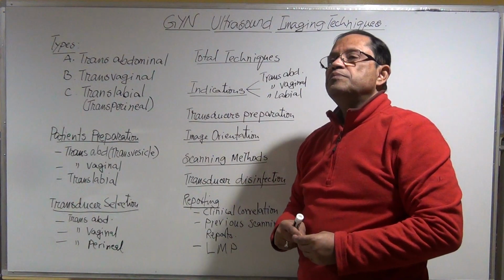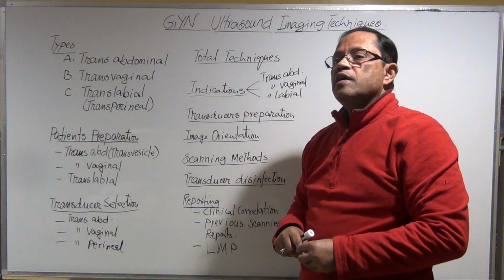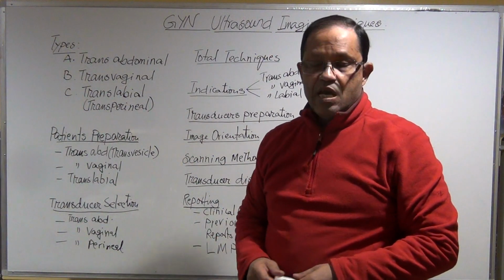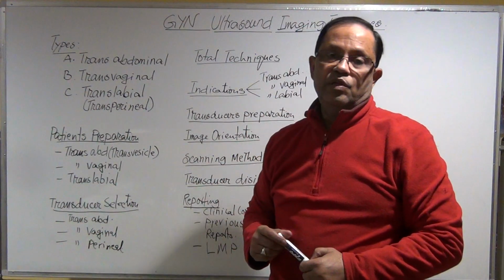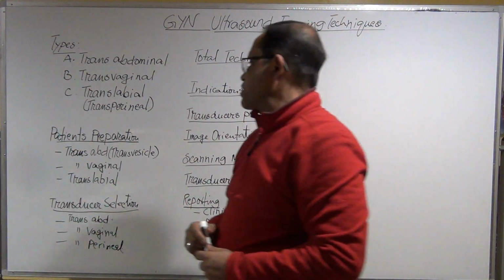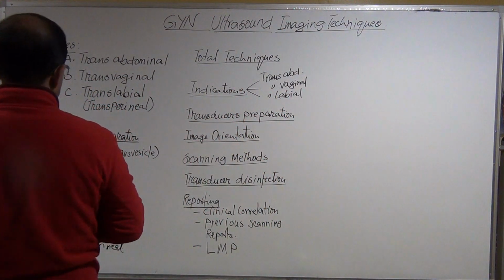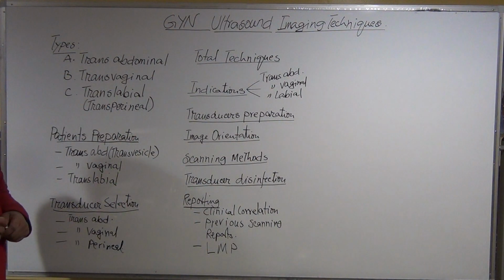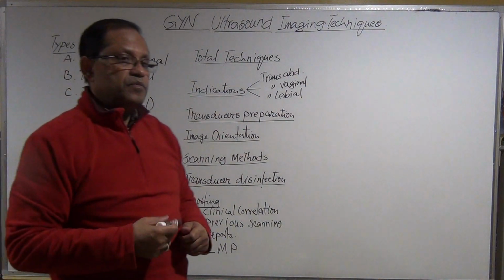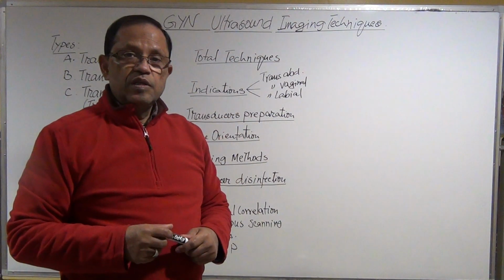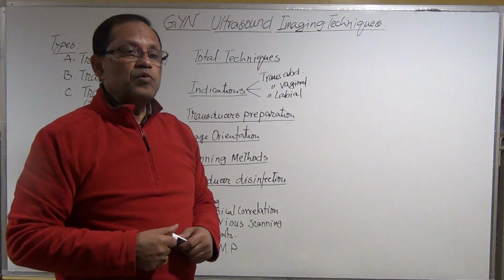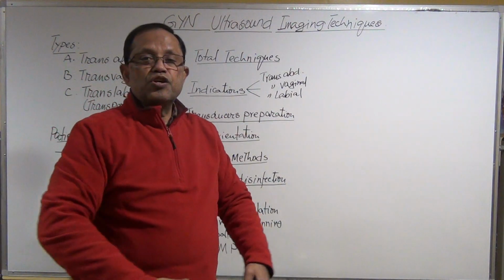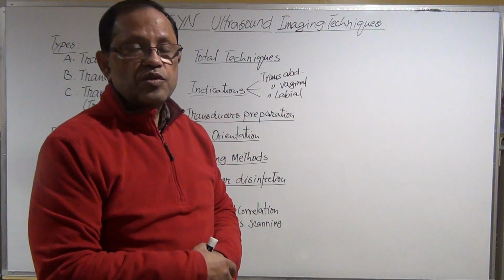This approach is used through the bladder, and the bladder needs to be full. So the preparation for transabdominal scanning is very simple. Why? Because the ultrasound will be done through the bladder, and the bladder is anterior to the uterus.